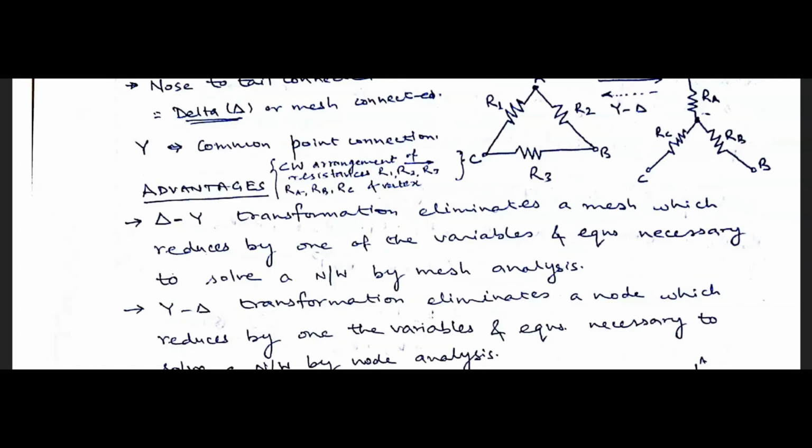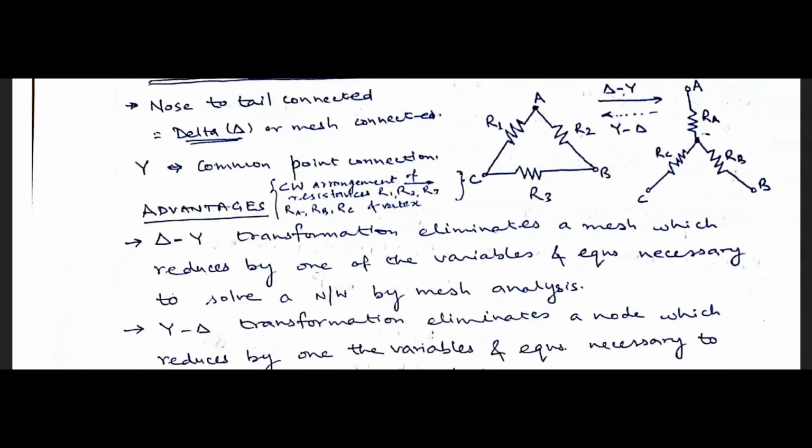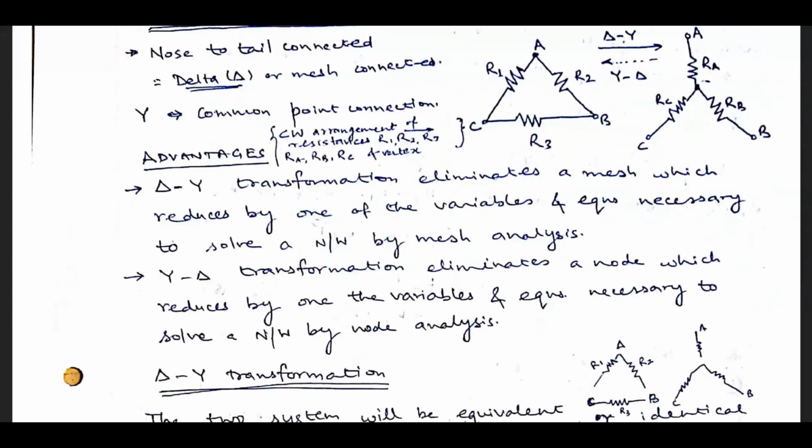Next thing is what is the need of this, and next is the star. So star is again the Y shape, and in this star you can denote it by the capital Y as it is given.